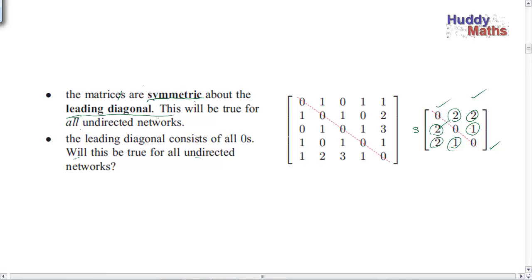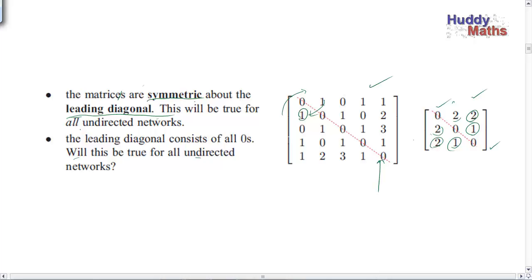Sam to Con or whatever, and so on. It's going to work the same both ways across that diagonal. And here we've got the same idea, because the network is undirected. You can go from this one to this one, or from this one back to this one, and it'll be the same. All right, now what about this leading diagonal?